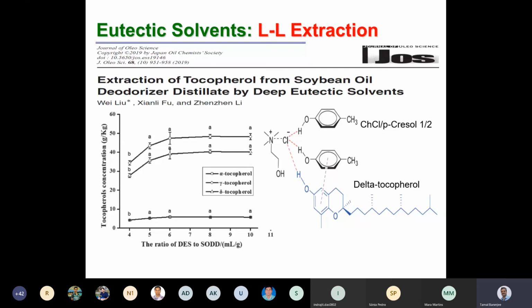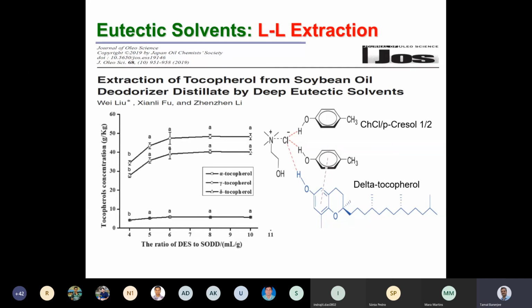So they tested para, meta, ortho cresol, all worked. And you can see that with a proportion of 6 milliliters of eutectic solvent to 1 gram of this waste, you can get maximum yields of tocopherol. It's an option.